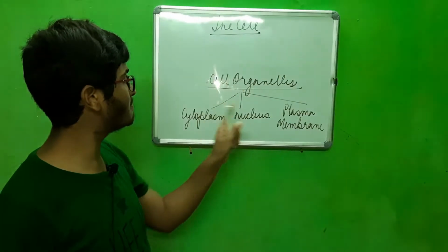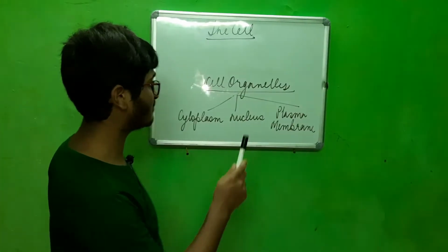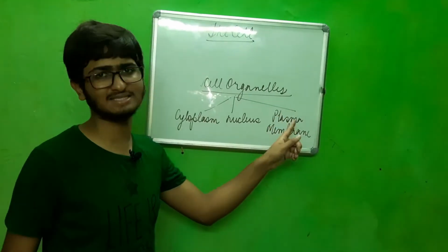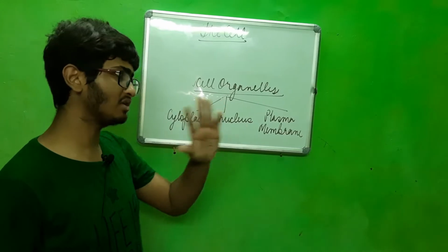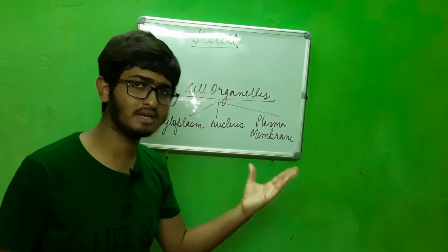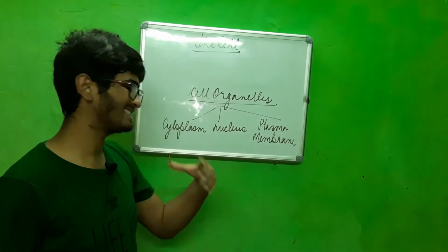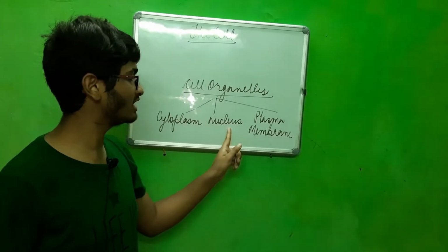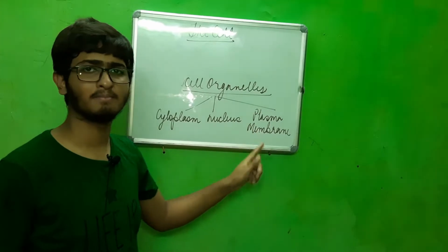There are three basic cell organelles: first cytoplasm, then nucleus, and the plasma or cell membrane. We can use either the term plasma membrane or cell membrane. So these are the three important things: cytoplasm, nucleus, and plasma membrane.